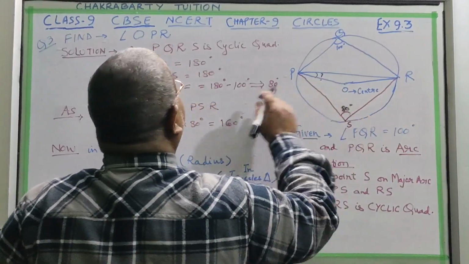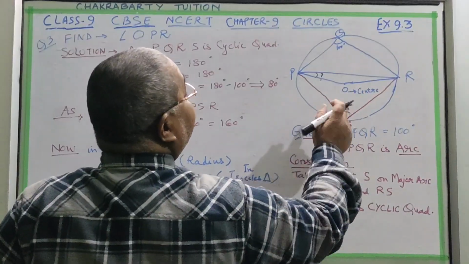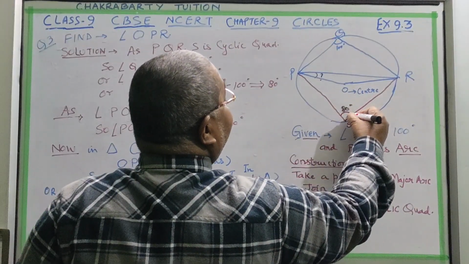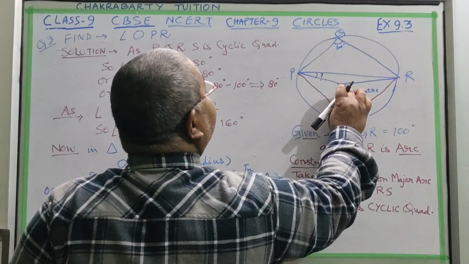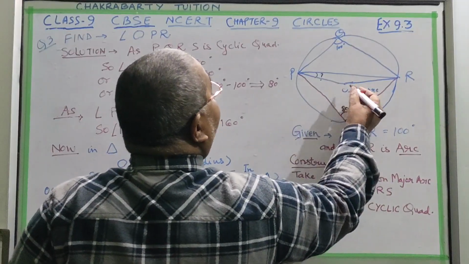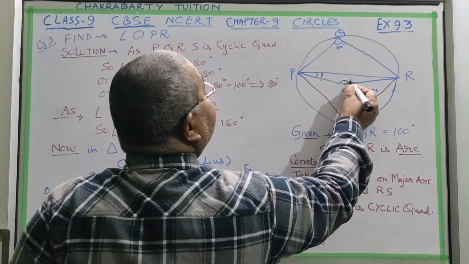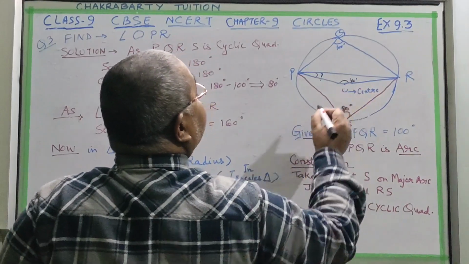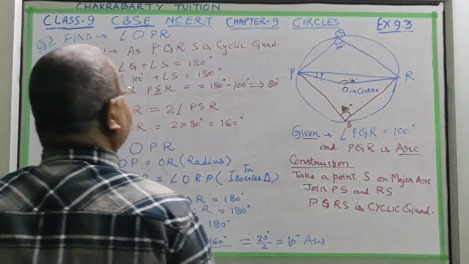Okay, PSR you have calculated 80 degree. So this will subtend double angle here. At the center it makes an angle double. So what happens? It becomes an angle 160 degree. Okay. So POR will be 160 degree.